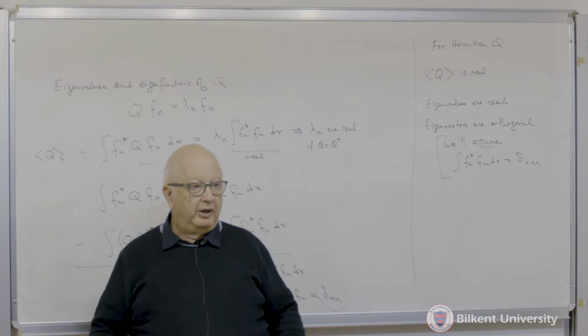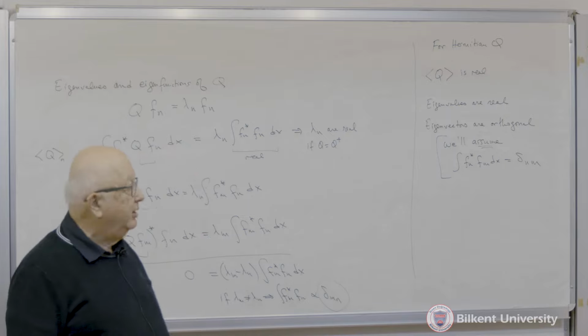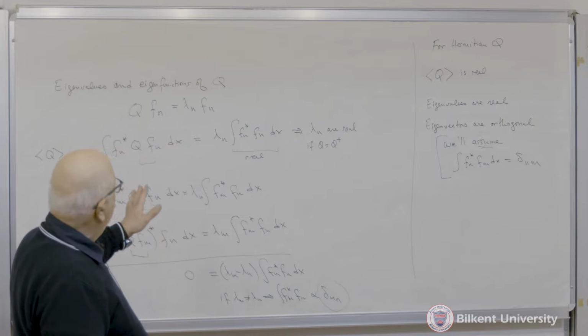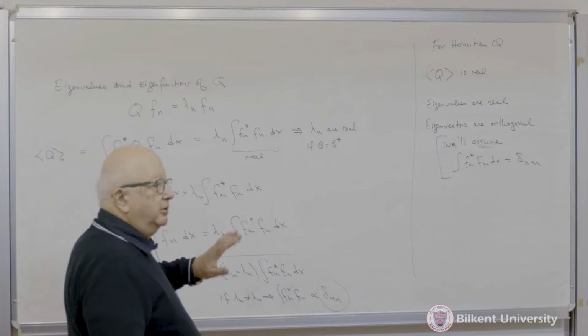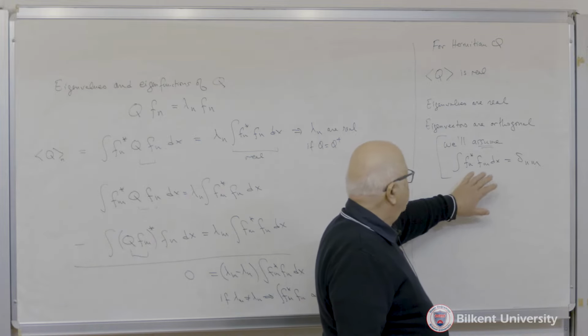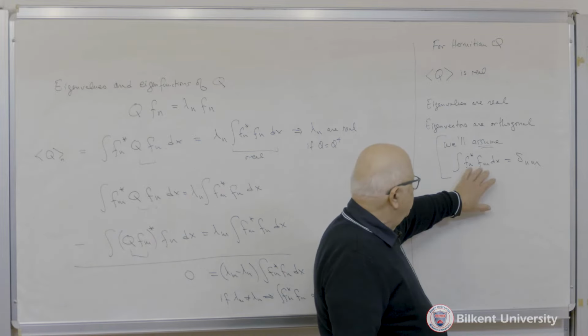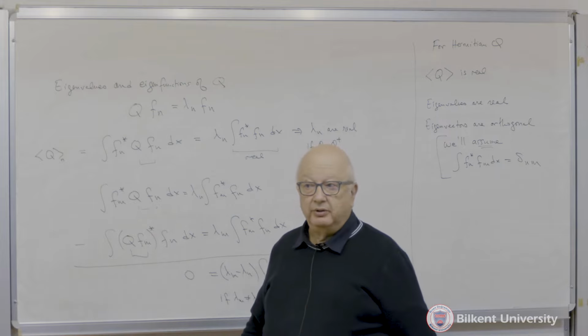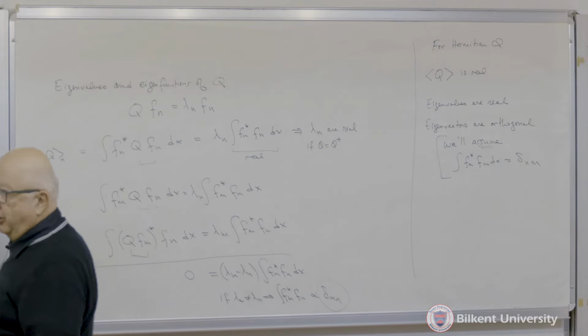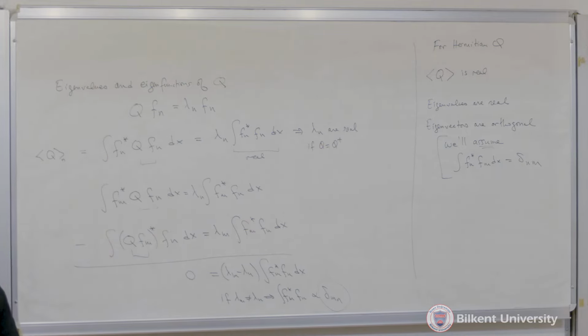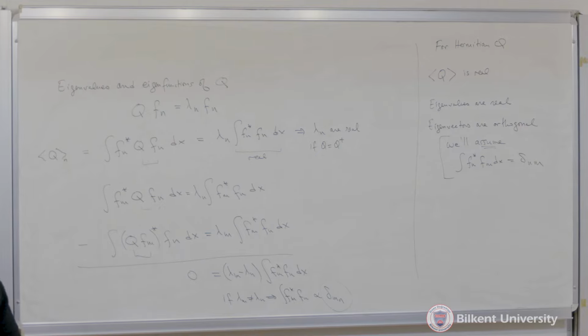So they are all normalized, and when we say eigenfunctions of this operator, under almost all conditions we assume that they have been normalized, so that we don't have to worry about normalization.